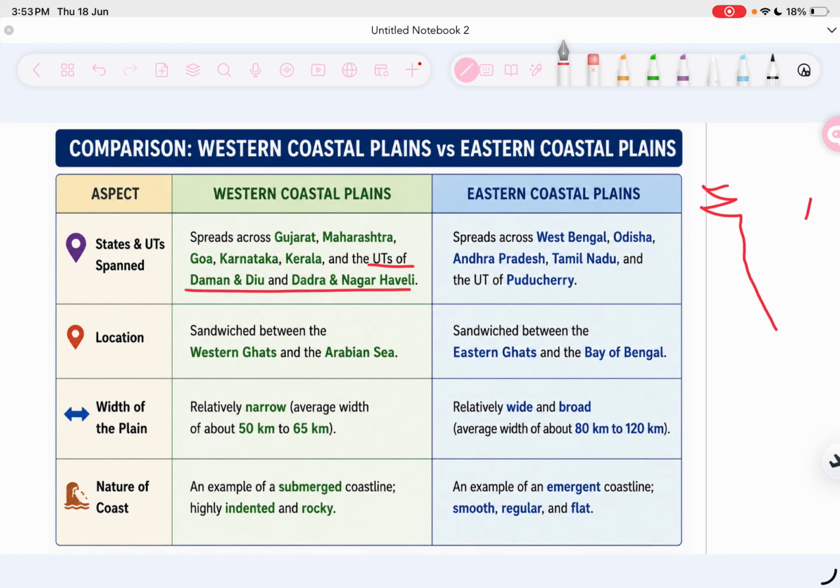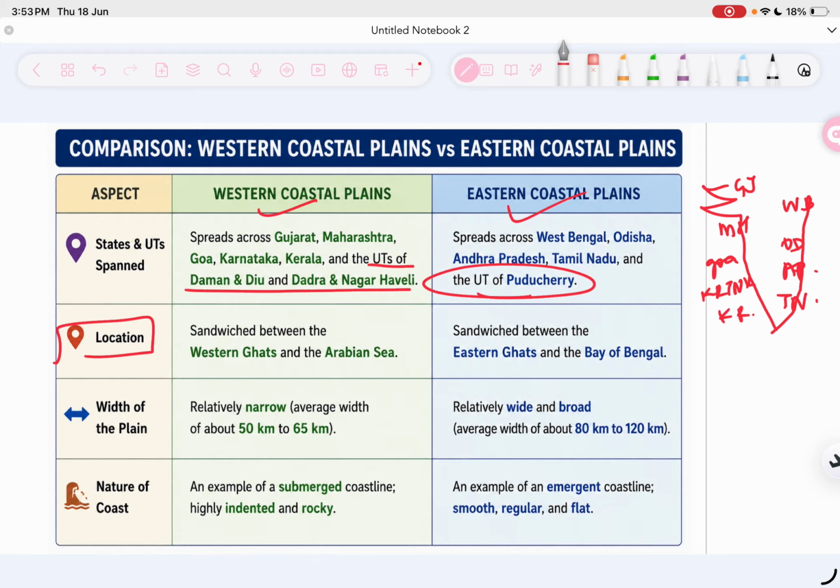Whereas on the eastern side, we have West Bengal, Odisha, Andhra Pradesh, Tamil Nadu, and also the union territory of Puducherry. This is the extent of both eastern and western coastal plains.